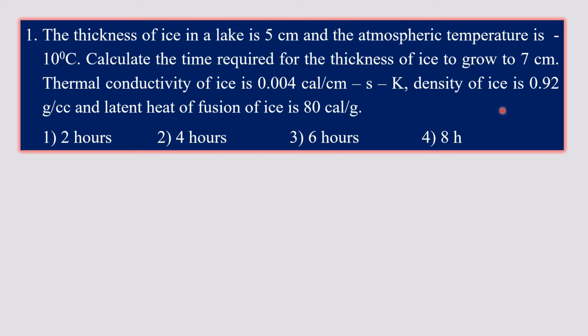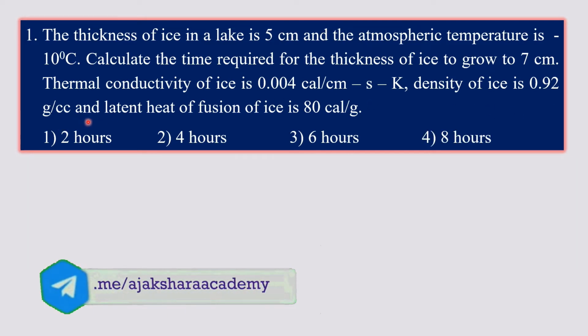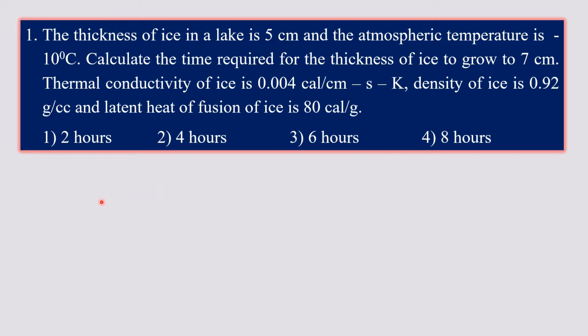Density of ice is 0.92 gram per cubic centimeter and latent heat of fusion of ice is 80 calorie per gram. Now, in this question, we have to calculate the required time for the thickness of ice to grow to 7 centimeters. Now, let us go to the solution.